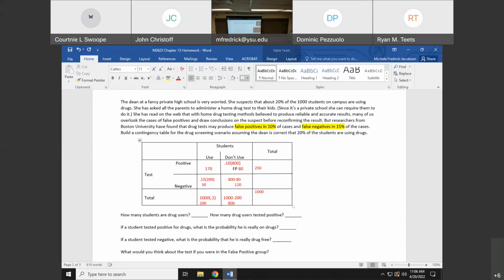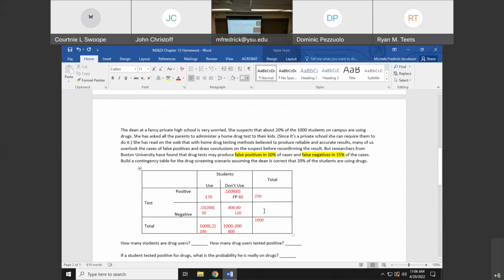And then 120 and 30 is 150. Oh, wow, 720. Be careful if you copied mine on this one here. It's 720. So 750.